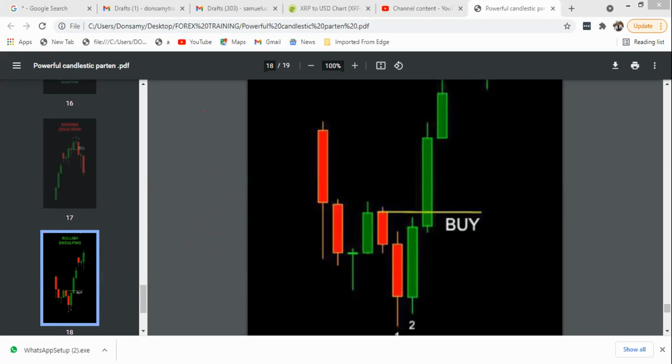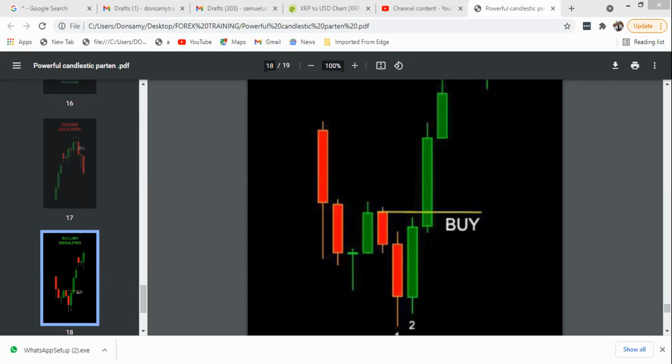So there are things you need to note. You can trade candlesticks only on the following levels: support and resistance levels, on Fibonacci levels.